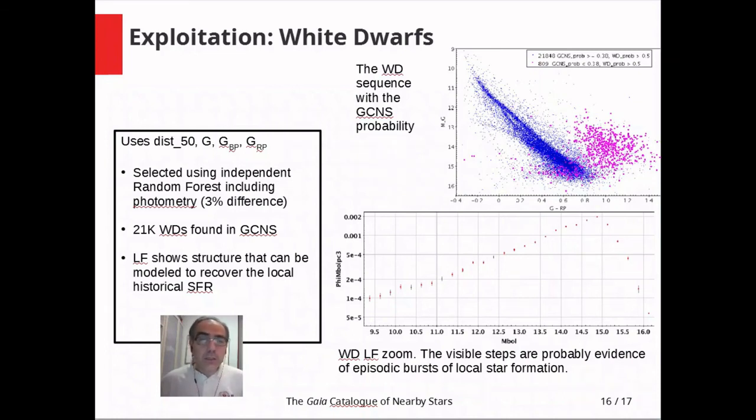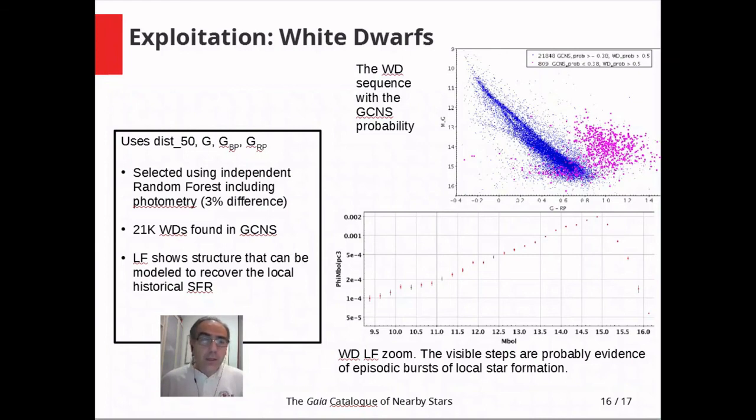Using this strategy, we obtain about 22,000 white dwarf candidates. These random forests provide a probability of being a white dwarf. So these are the sample having probability larger than 0.5.